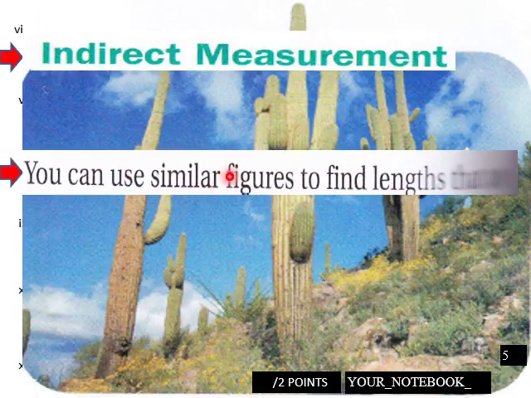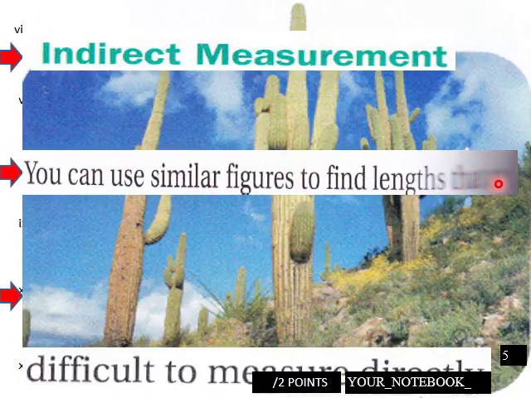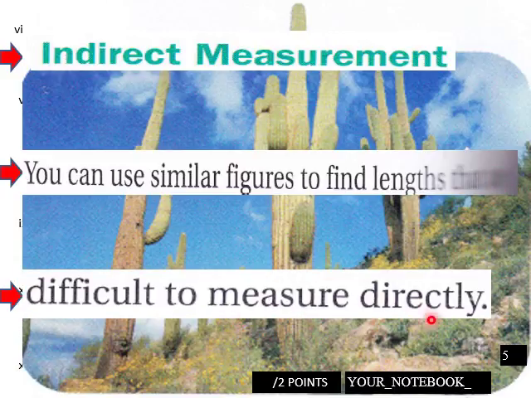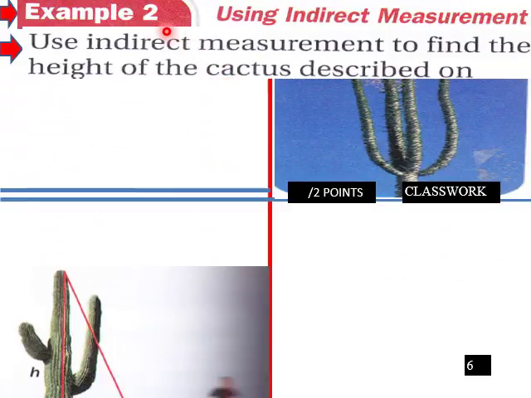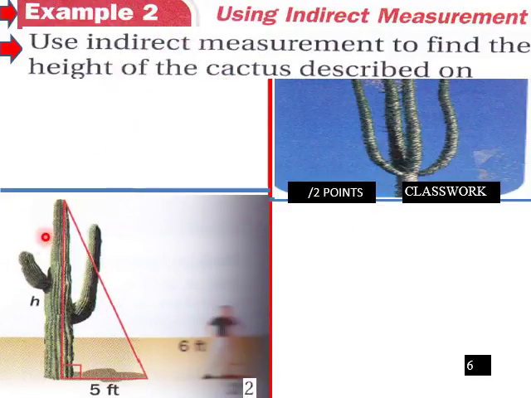Indirect measurement: you can use similar figures to find lengths that are difficult to measure directly. This is your notebook, page 5, students. So these two words are "that are": lengths that are difficult to measure directly. And then say, for example, here, example 2, we've got a cactus here.